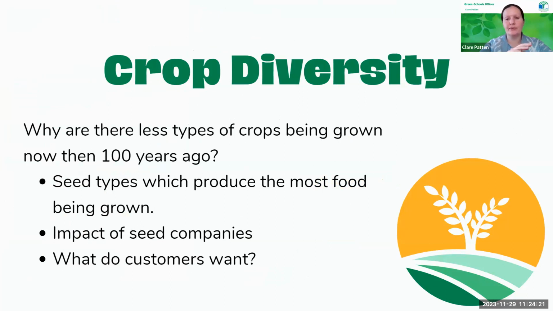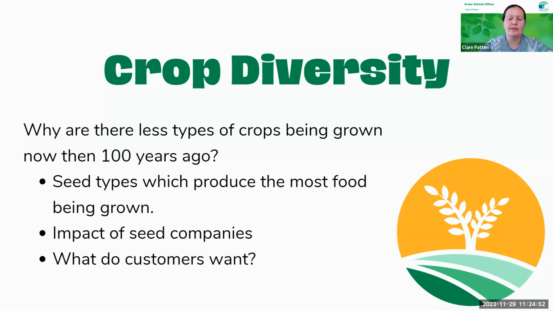If there's hundreds of different types of wheat you can choose from, or broccoli or whatever it is, you want to plant the seed that you think, oh, that's going to grow the biggest amount of food that I can sell or that I can eat. So that started being the priority for a lot of growers, is picking the one that is going to give them the most that they can sell. So the seeds are all the same size going into the ground, but what comes out of the soil is different, or under the soil.